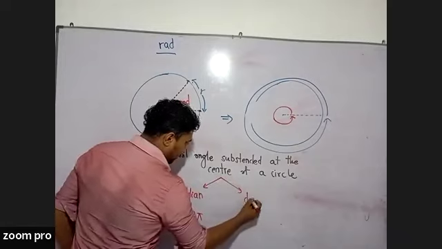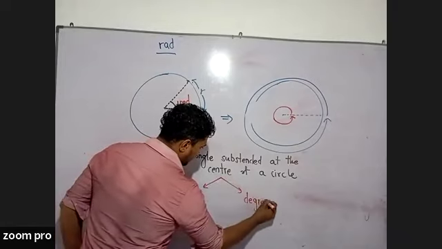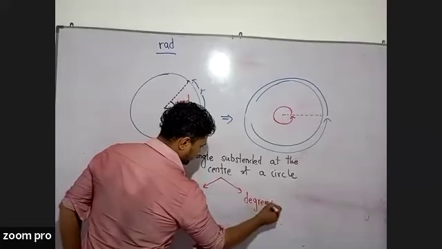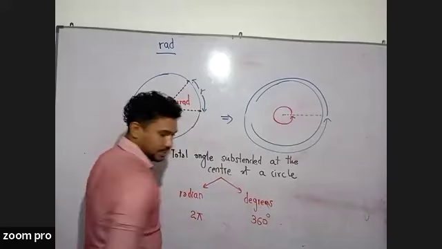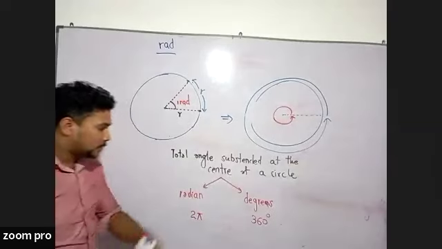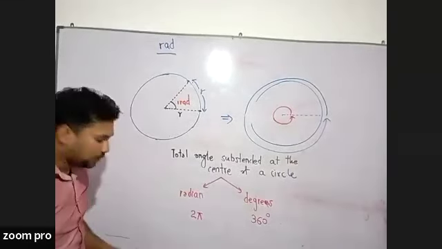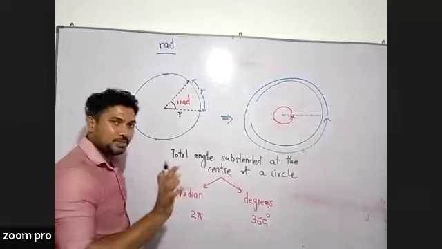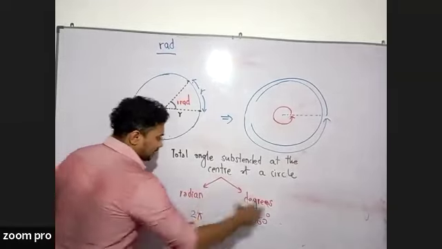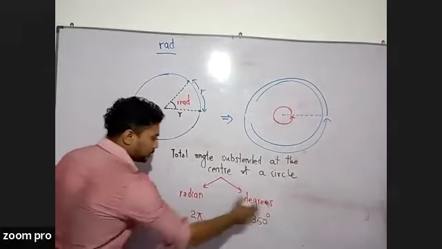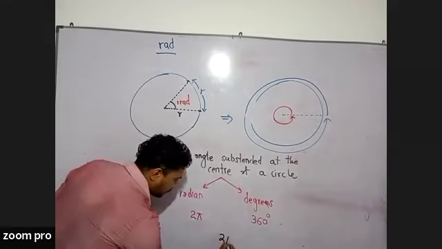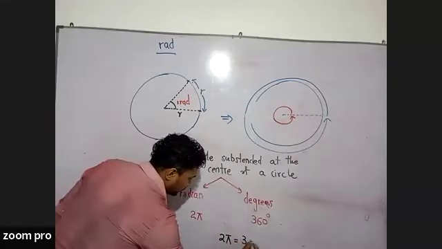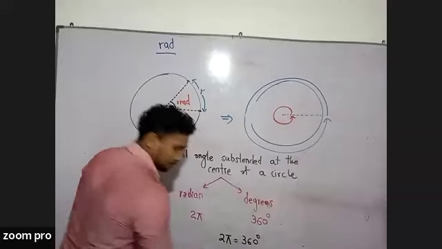And if I obtain the answer in degrees, it should be equal to 360, isn't it? So the final conclusion is that these values are equal to each other. That means 2 pi radians equals 360 degrees.